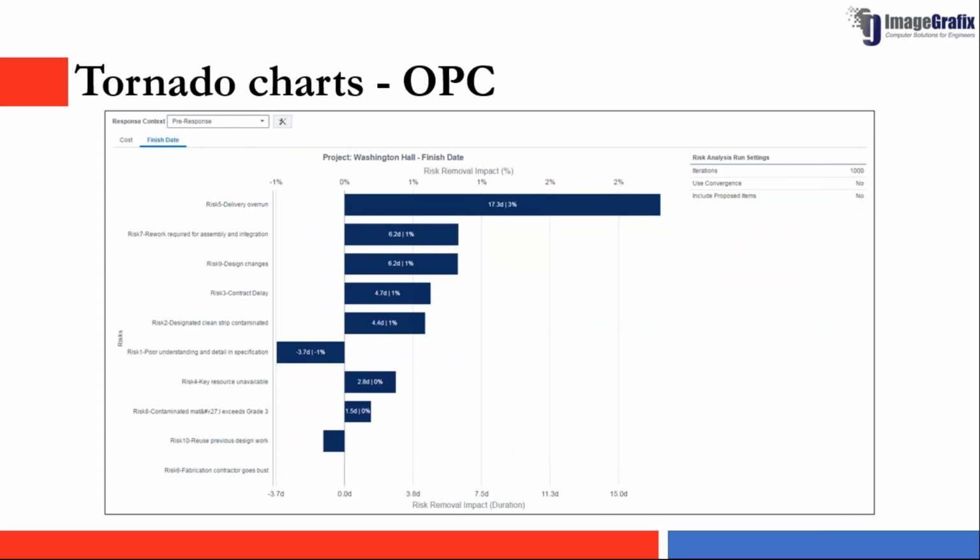Apart from this, you can also generate tornado charts to identify the impact that each risk is having on your schedule, as well as cost. And you can also see each impact on your activities as well. Activity-wise impact also you will be able to see in Oracle Primavera Cloud.